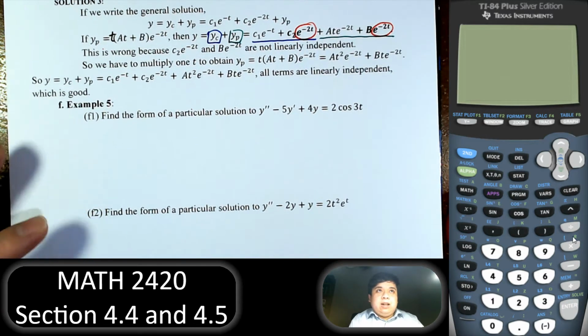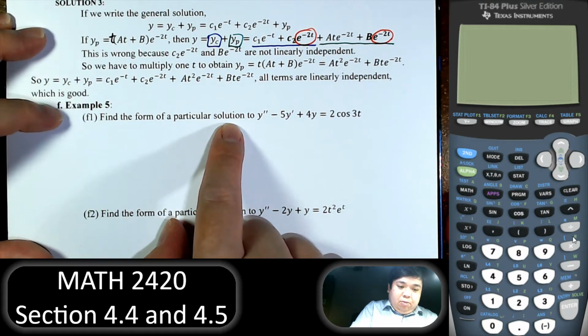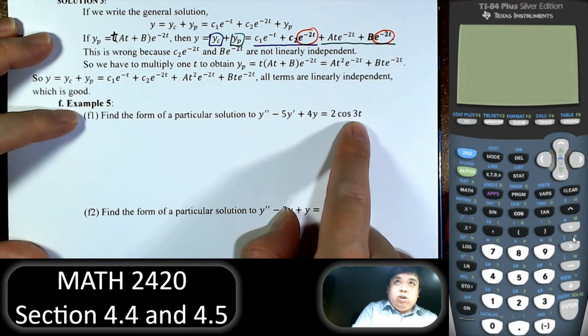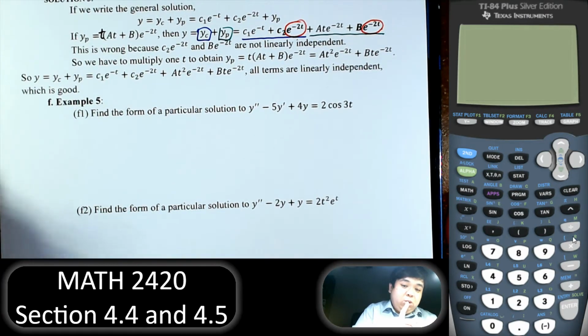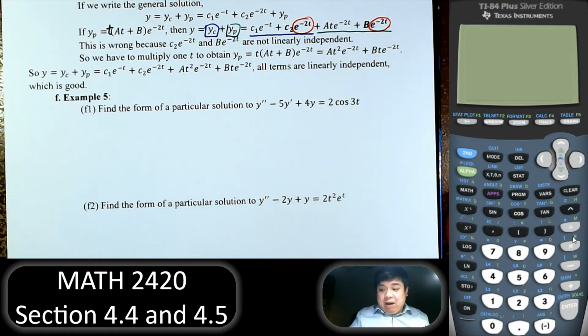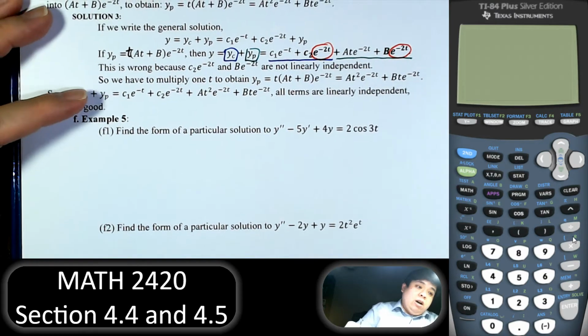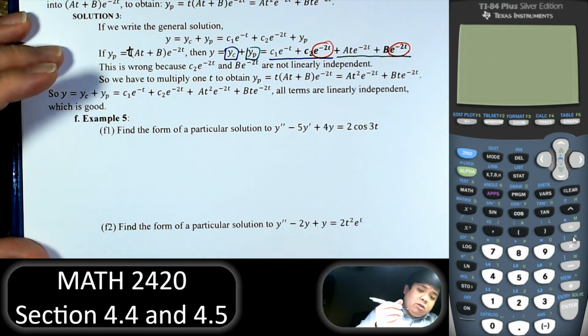Now let's look at more examples. Find the form of the particular solution to this problem. So of course we have to solve the auxiliary equation first. Get y1, y2, see if there's any repeated solution. In that case, multiply by t to make it linearly independent. So first, the homogeneous equation, or the complementary solution.